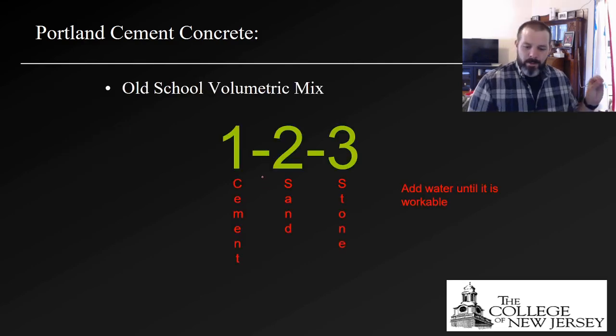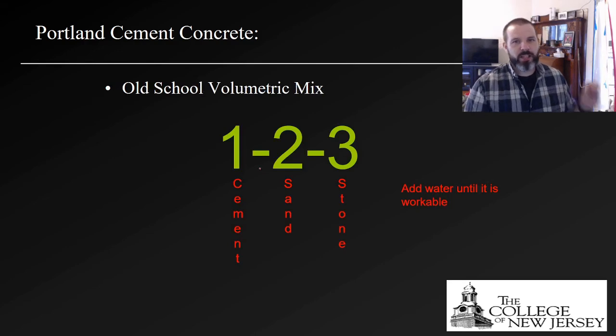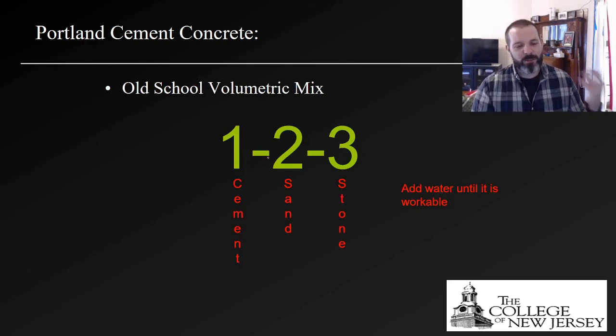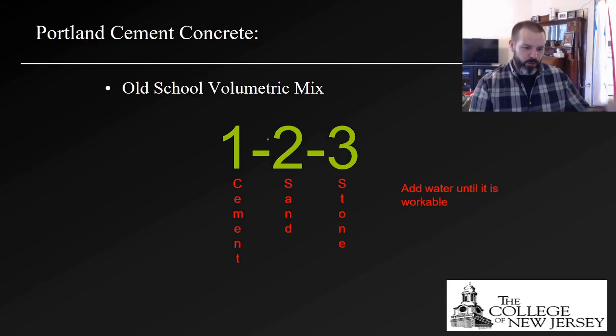Now, we're going to go into very complex concrete design, but just so you can always have a concrete design in your mind, and contractors won't make fun of you on the site when they're like, well, we need to make some concrete, and you're like, well, let me go do this advanced complex calculation. Before we had ACI mix design, we had very simple volumetric mixes that you could buy books that had all kinds of different volumetric mixes in them.